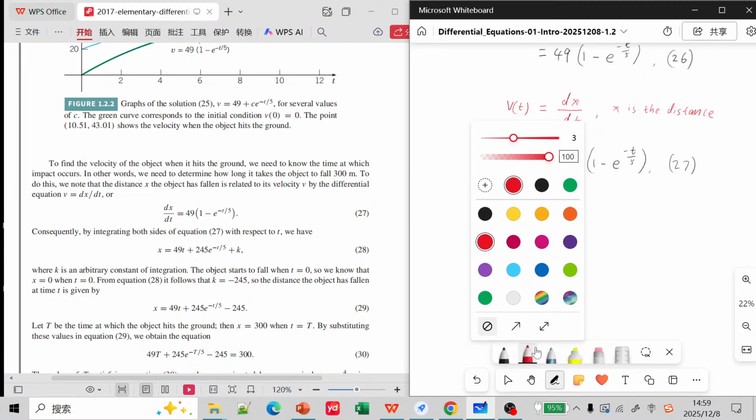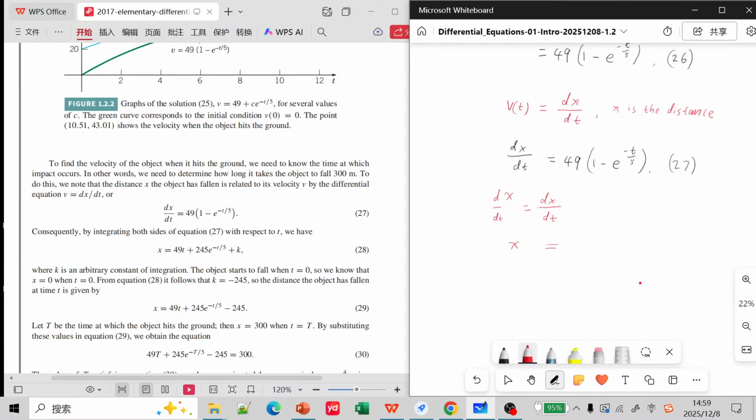How about we start from e to the power of minus t over 5. We try to calculate its derivative, d of this over dt. We use the chain rule. The basic formula is that for e to a power, the derivative is also itself.